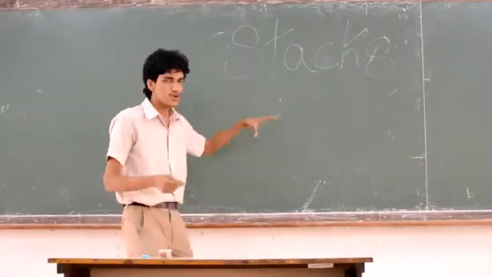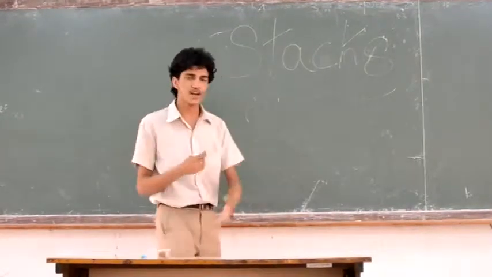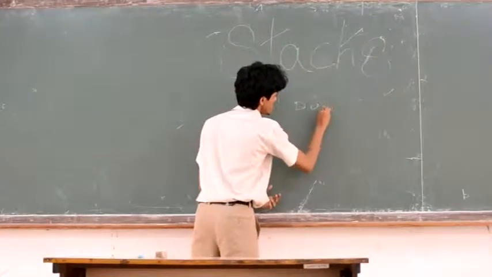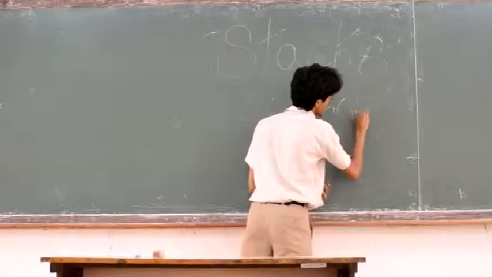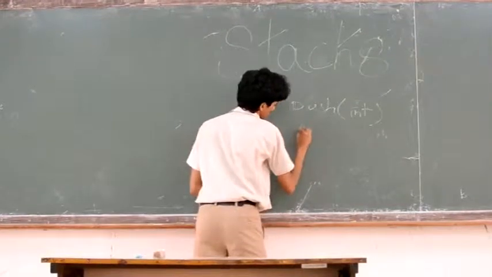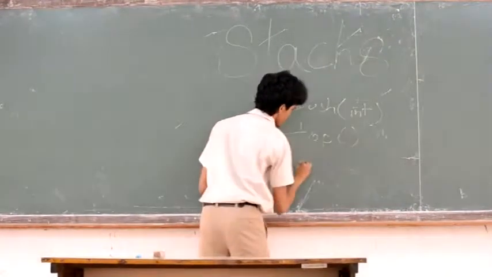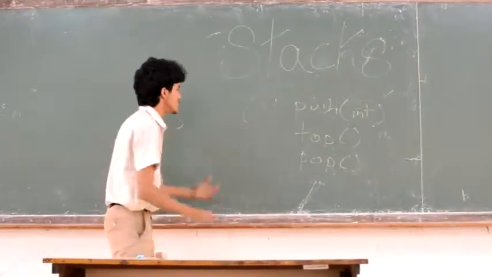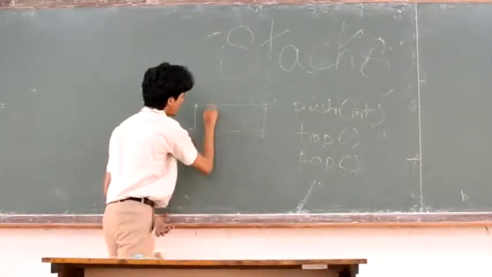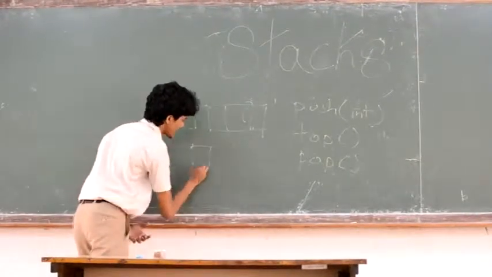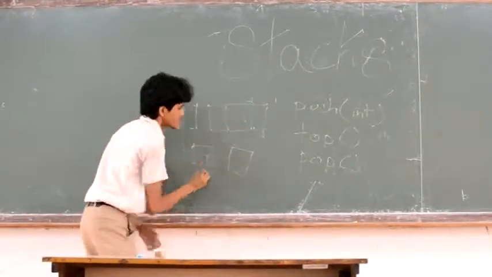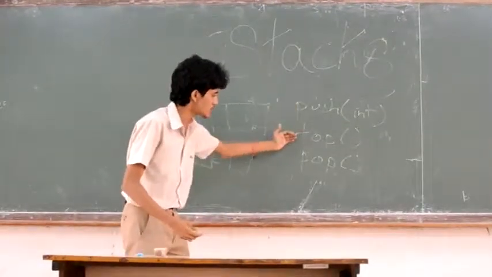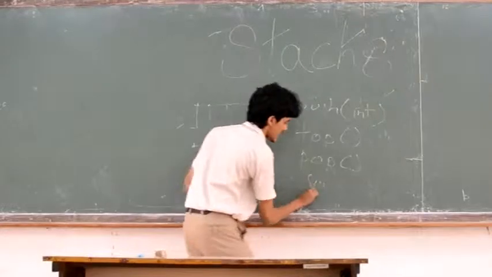So to use a stack, the three main functions that we see are push, top, and pop. So no matter if it is implemented as an array or a linked list, the overlying functions of a stack will be this: a push, a top, and a pop, and maybe a size function as well.